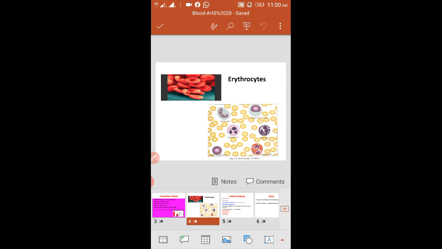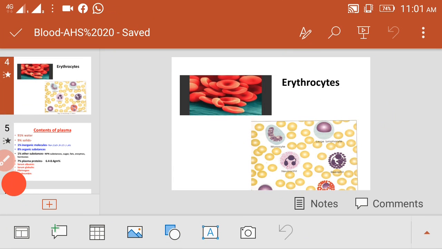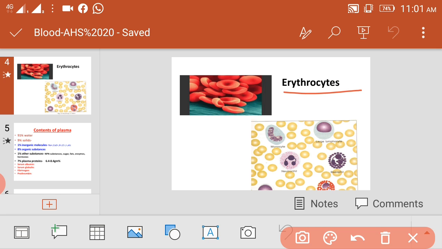So how does it look? Erythrocytes don't have a nucleus. If you see this picture, this yellow one is the erythrocytes. Then these are the WBC cells, white blood cells. I will tell details about the WBC cells in the WBC class.